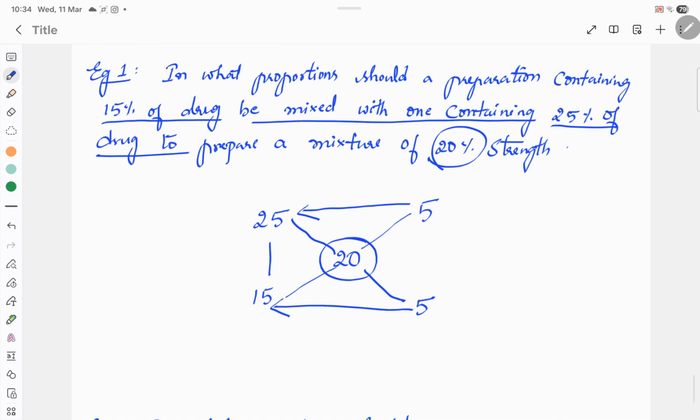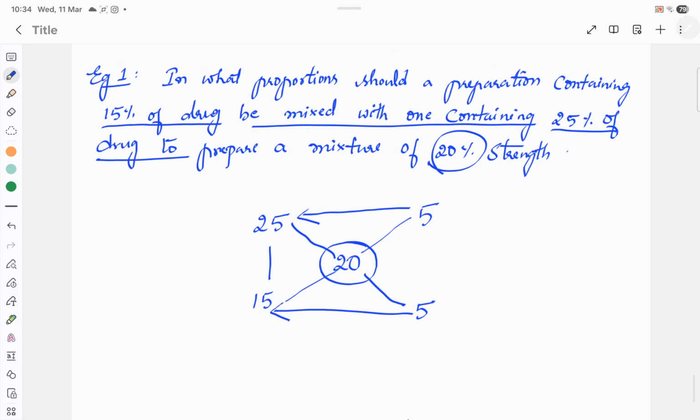In the same way, if you have 70% of the drug and 60% of the drug and you are asked to prepare 50% strength, 70 minus 50 is 20, 60 minus 50 is 10.